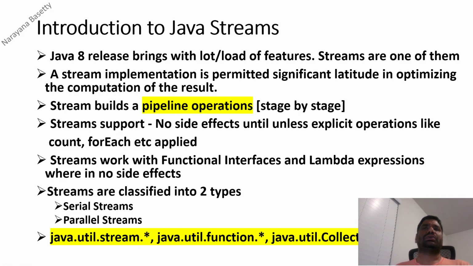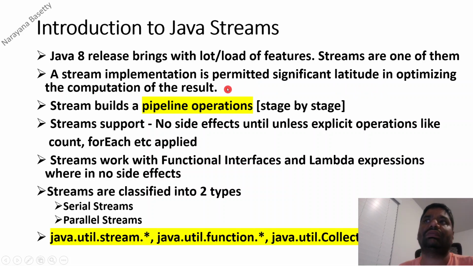The Java 8 release brings loads of features, which we are not going to talk about all. We are going to focus only on streams. A stream implementation is permitted significant latitude in optimizing the computation of the result.